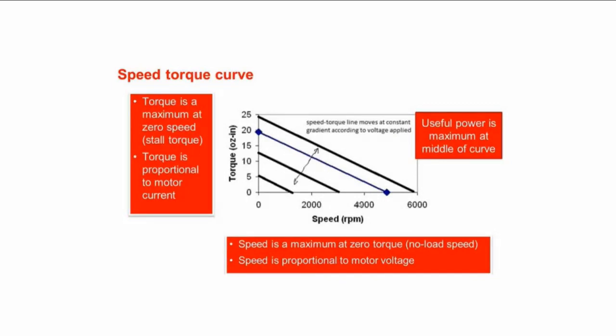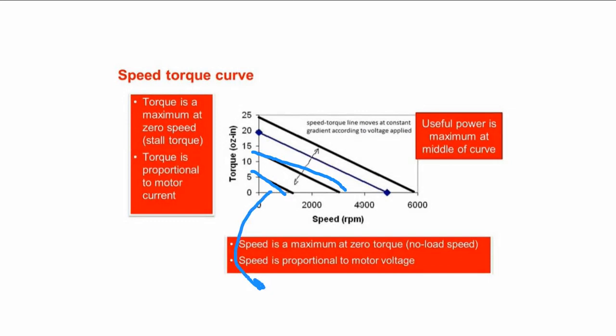So they are linear, you can see they are linear in terms of the trade-off between the torque and the speed, and the two endpoints you can see. Each curve represents a different applied voltage. These different curves indicate voltage.